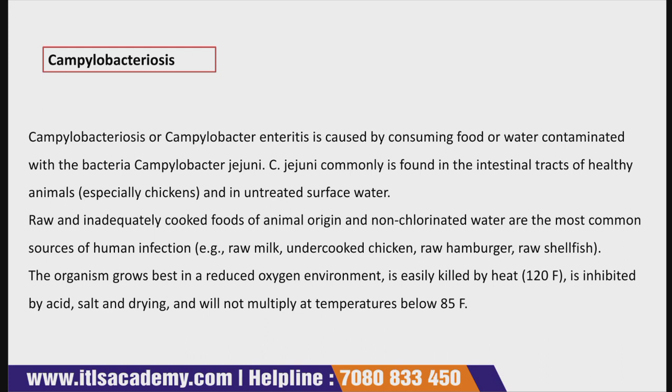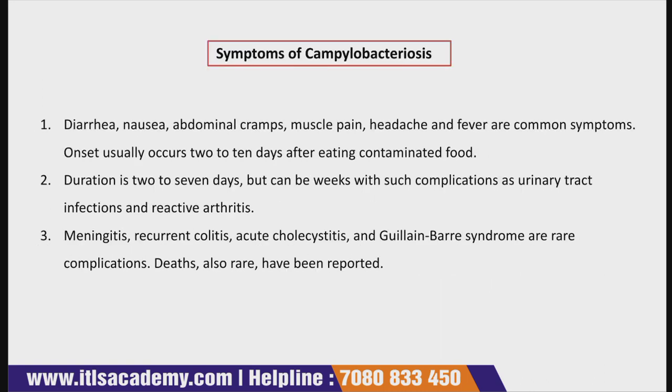They are also inhibited by adding acid, adding salt, or drying, and they do not multiply below a temperature of 85 degrees. That is the reason it is always recommended to pasteurize the milk, or boil the milk, so that these bacteria can easily be inhibited or killed.